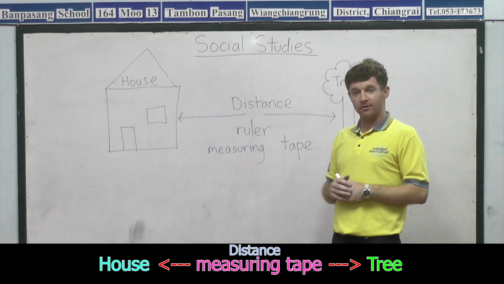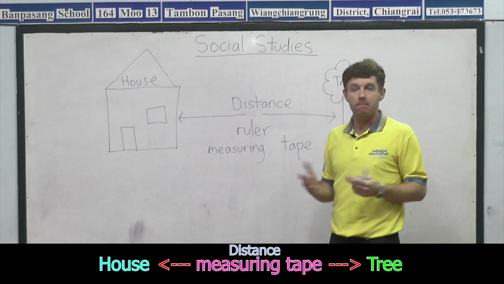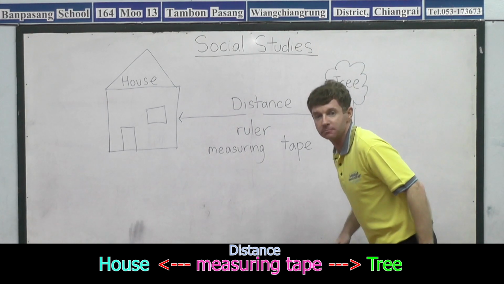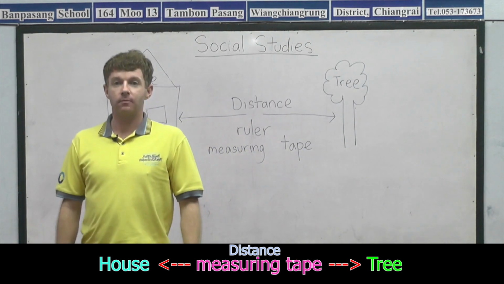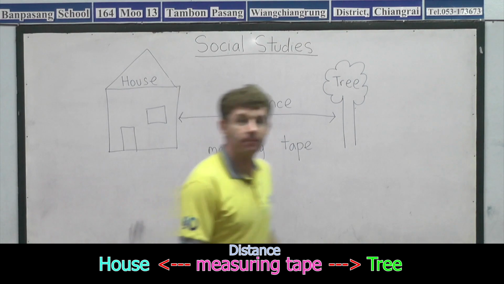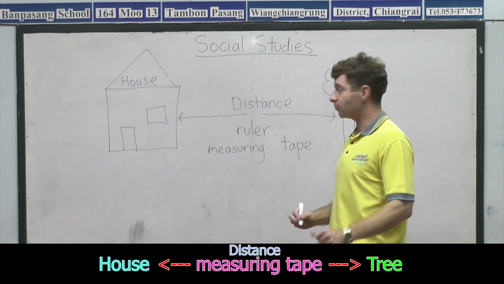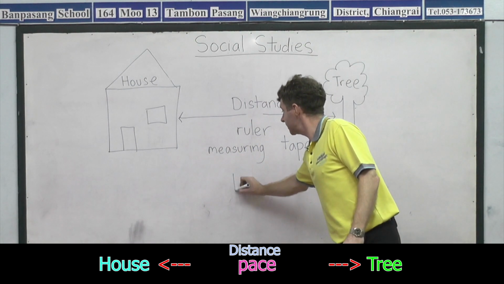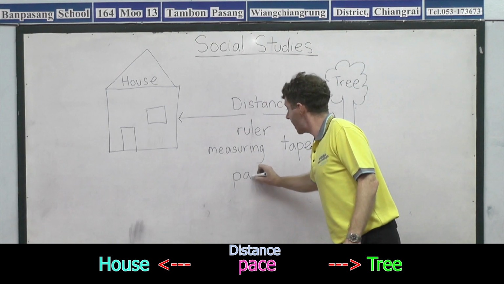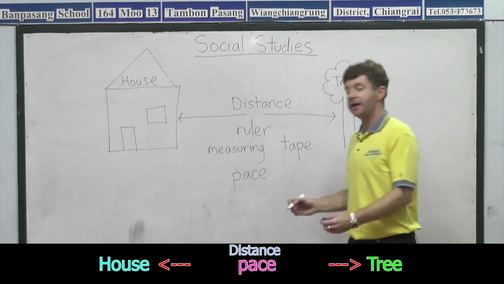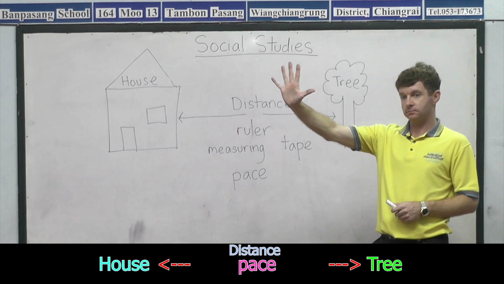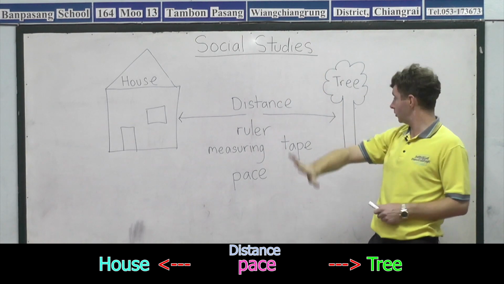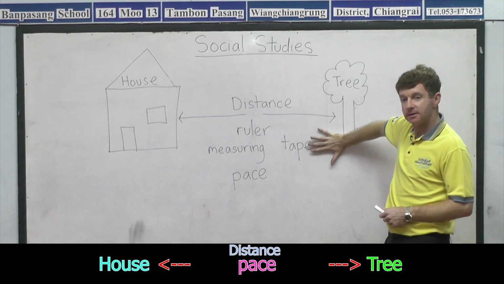Before we had rulers or measuring tapes, people would measure distances by doing something called a pace. P-A-C-E. Pace.